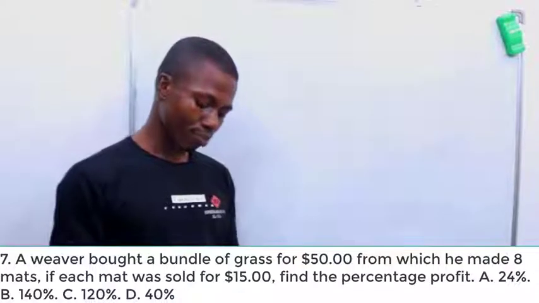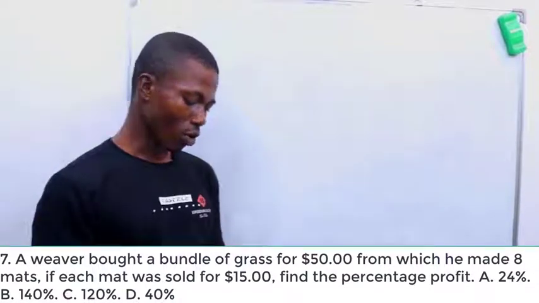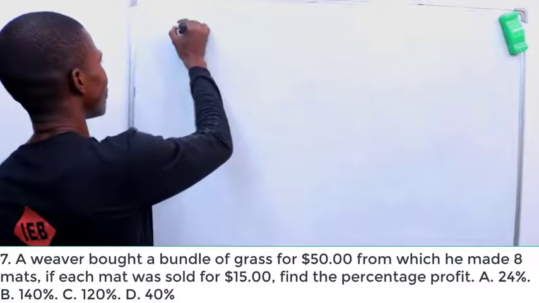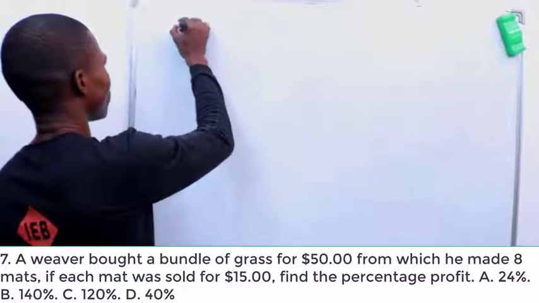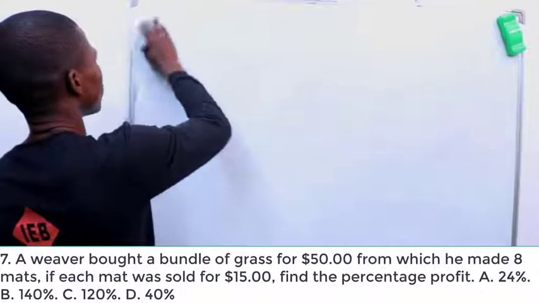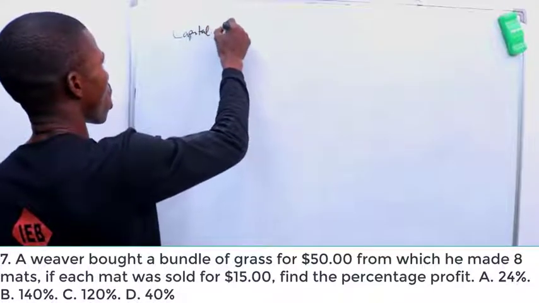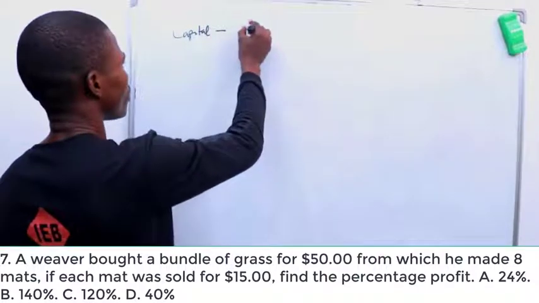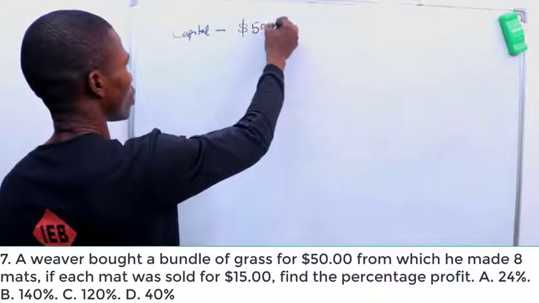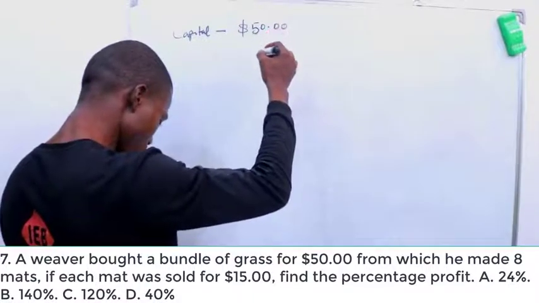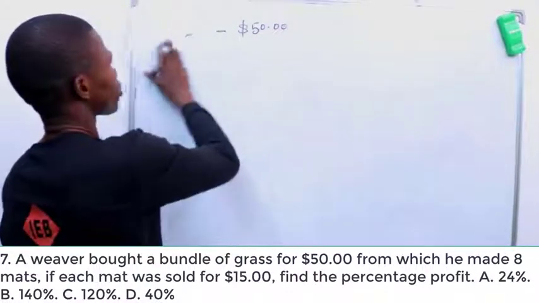Let's quickly go over to question number 7. A weaver bought a bundle of grass for $50. That is his capital or his principal. Your capital is $50. This is your cost price. Let's use cost price.